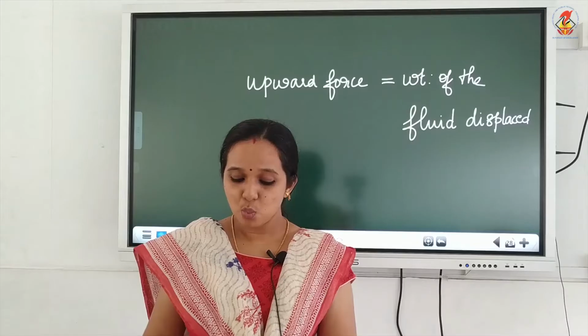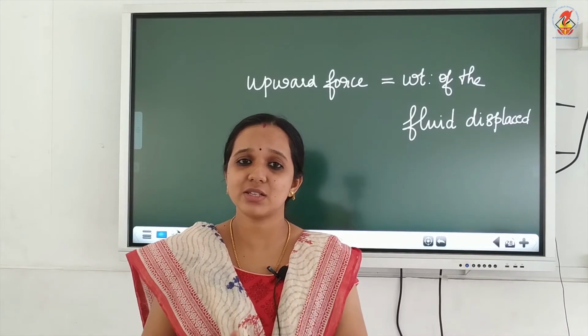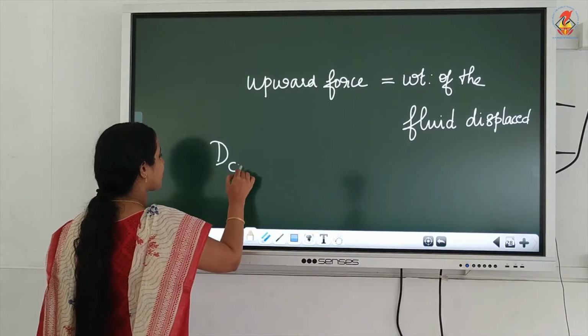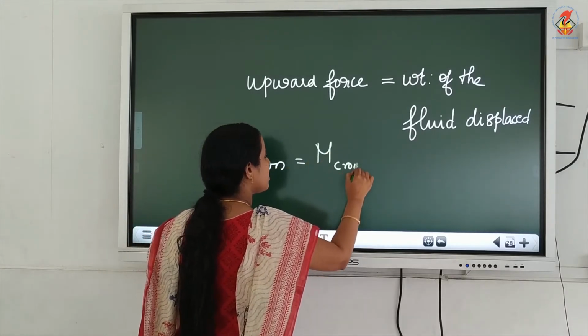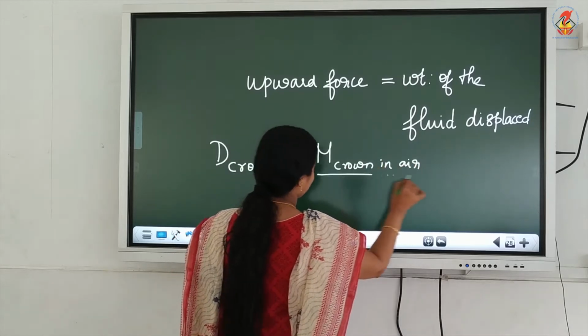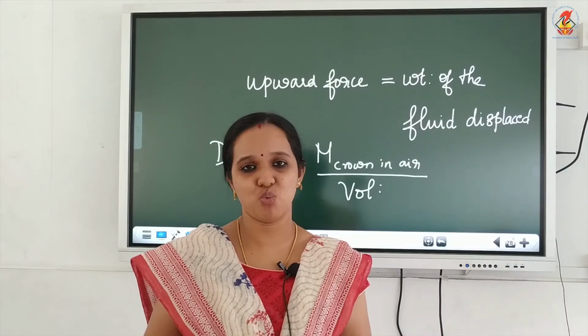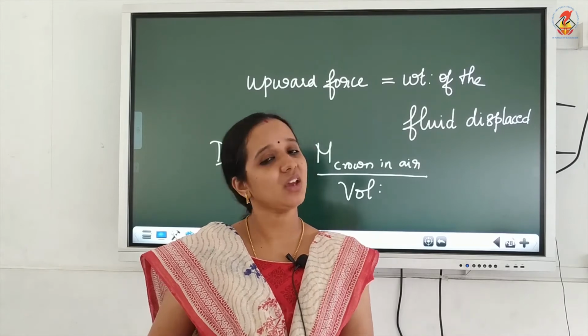Okay. So, coming back to the story, once Archimedes had determined the volume, he found the density of the crown using the equation mass of crown in air, which he can find using a weighing machine, divided by volume. To find the volume, he just submerged the crown into a beaker full of water, and the amount of water displaced will give you the volume of the object.